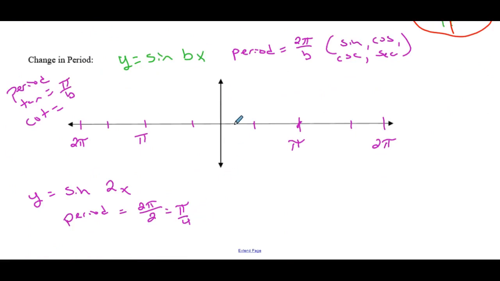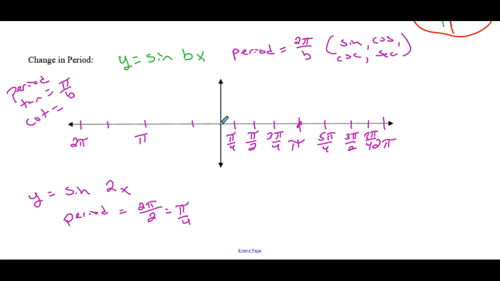So I want pi over 4, 2 pi over 4, which is pi over 2, and 3 pi over 4, and then pi. And then we could go again: 5 pi over 4, 6 pi over 4, which is 3 pi over 2, and then 7 pi over 4.